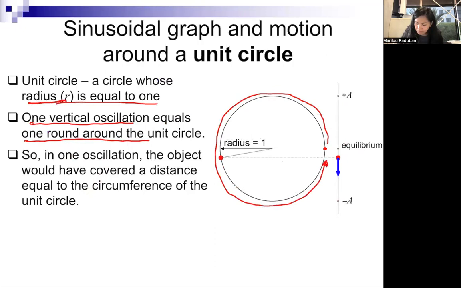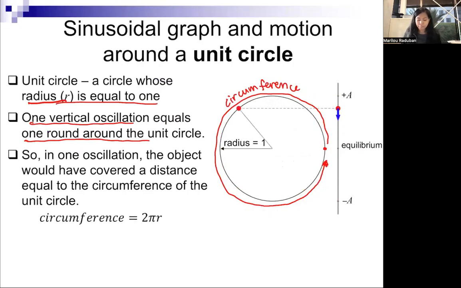Okay. And the distance around the circle is the circumference. So the circumference is the distance around the unit circle. And for a circle, the circumference is defined as 2 pi times the radius of the circle. So this is a basic mathematical definition for finding the circumference of a circle, 2 pi times the radius.